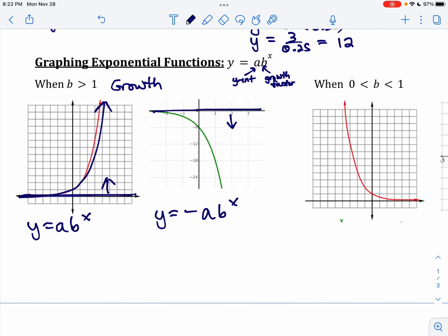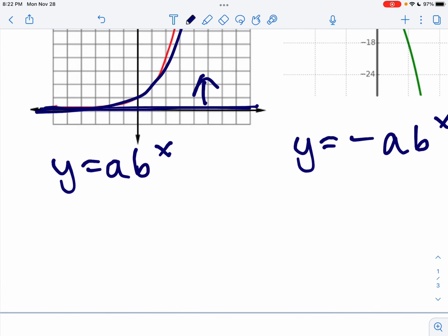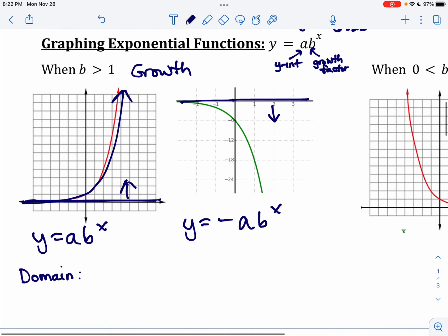And that's something you're going to need to remember when we talk about domain and range. If we look here, we're going to go ahead and talk about those. The domain of this function is your x values. So these are the x values.